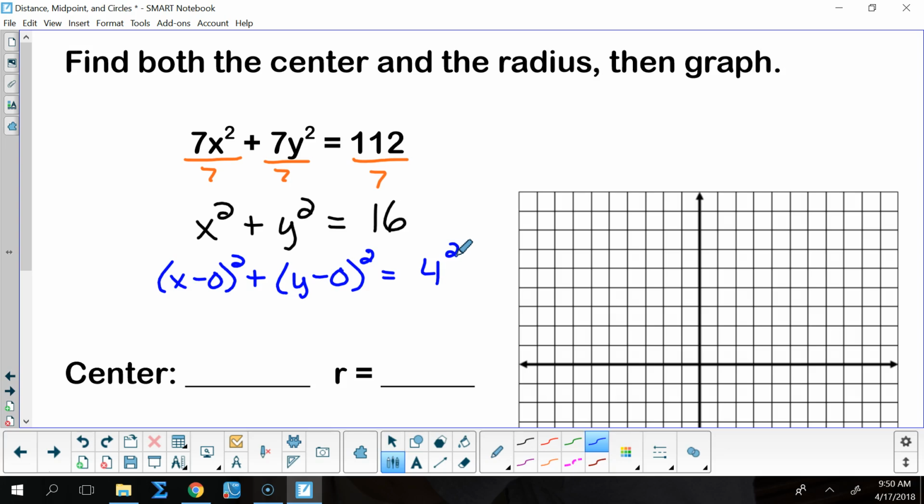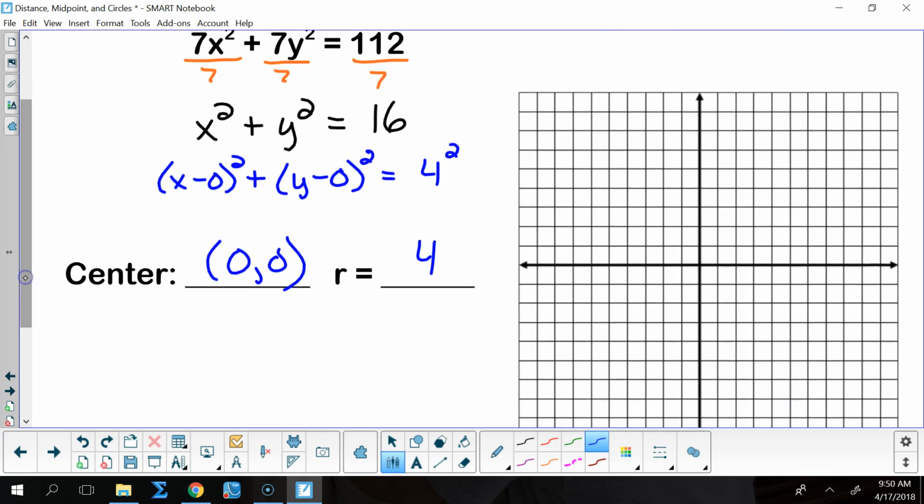So where's the center? Center's at the origin here, yep. Okay, what's my radius? 4 is my radius. Okay, so I go to the origin. There's my center.